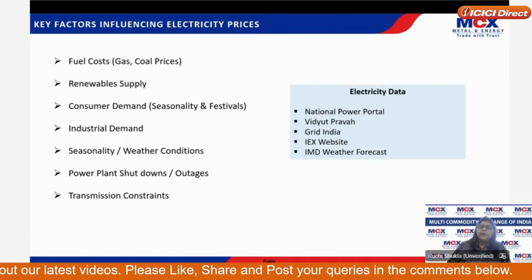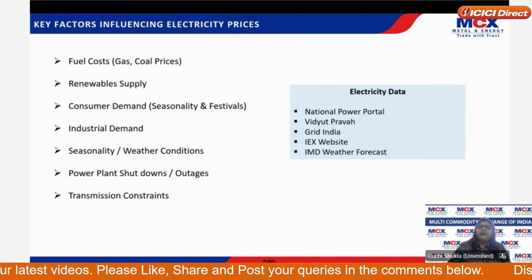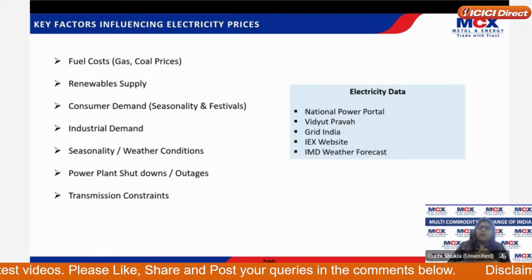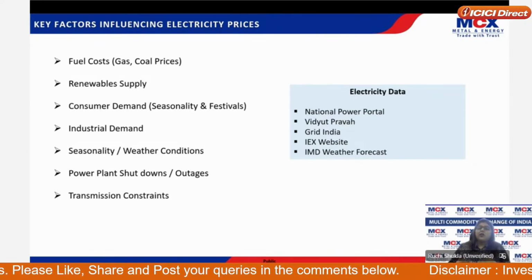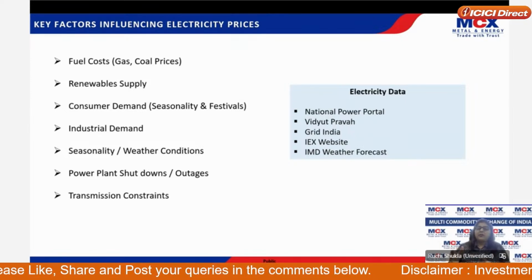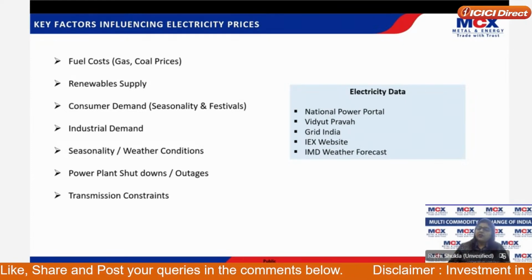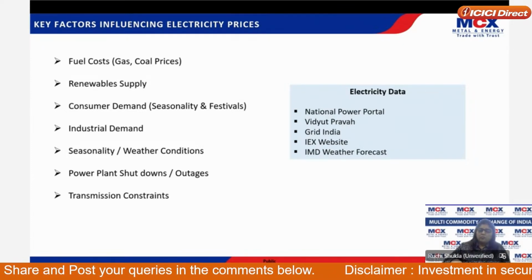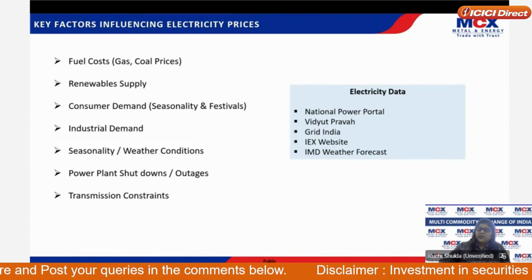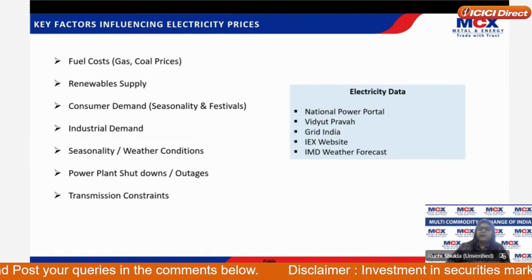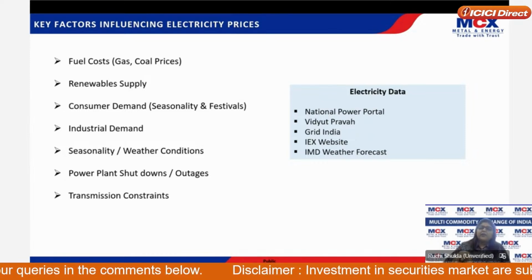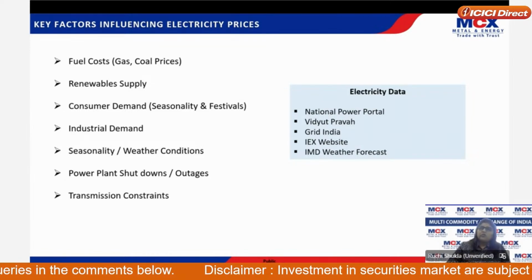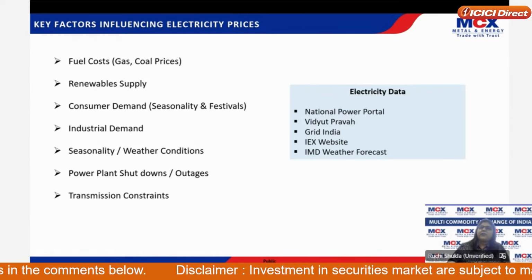Then the macro fundamentals don't get complete without the demand side also. Supply is one side, demand is the other. Demand can come from two sides. Yes, industrial demand. The timings when the industrial demands are low, generally the weekends, or certain industrial belts have a particular day off, the prices get impacted.